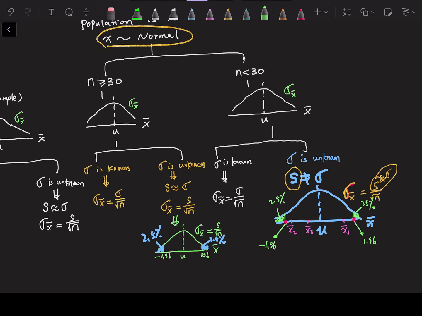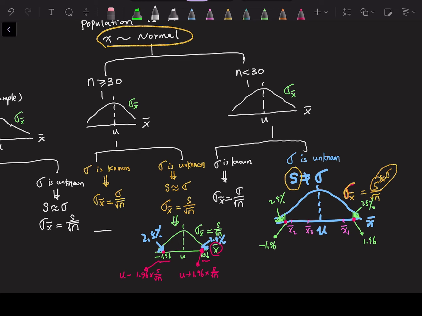That means this value is the mean plus 1.96 times the standard error, and this value is the mean minus 1.96 times the standard error. We can convert the value of x bar into a z-score. So the z-score of this point is 1.96, and this point is negative 1.96.